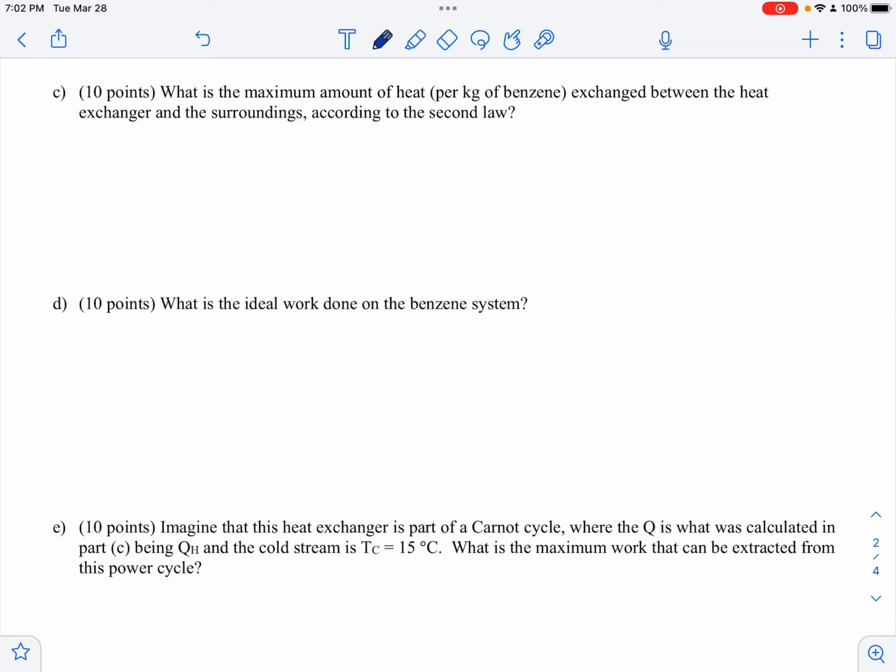What is the maximum amount of heat exchange between the heat exchanger and the surroundings according to the second law?